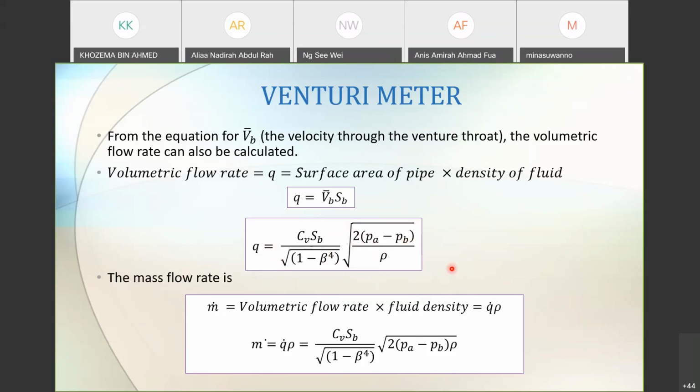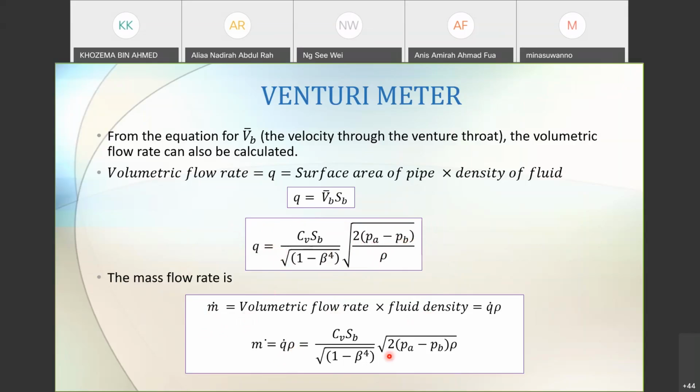Now the same equation can be used to calculate our mass flow rate. We know that our mass flow rate is volumetric flow rate times the fluid density. So here, take this equation and multiply it with your density.